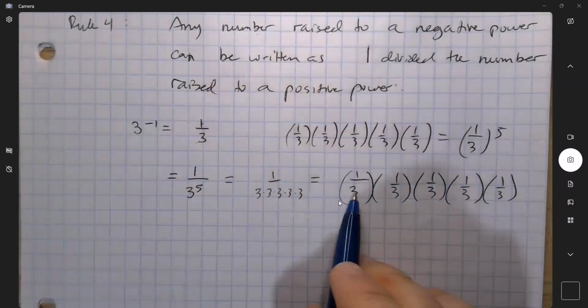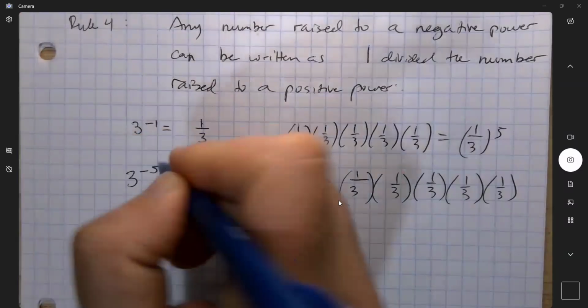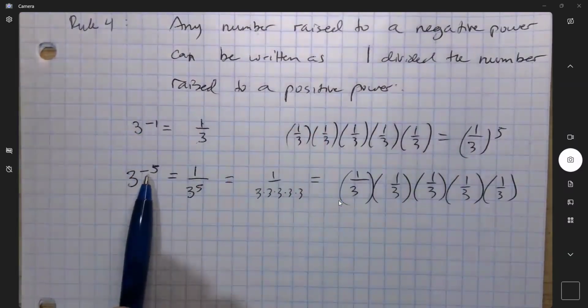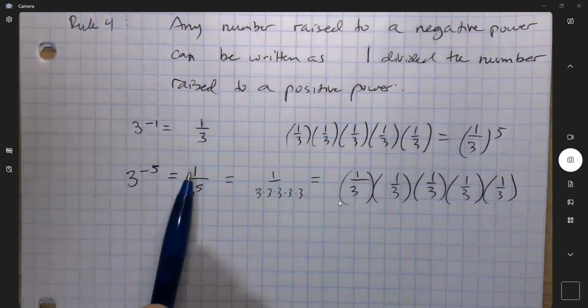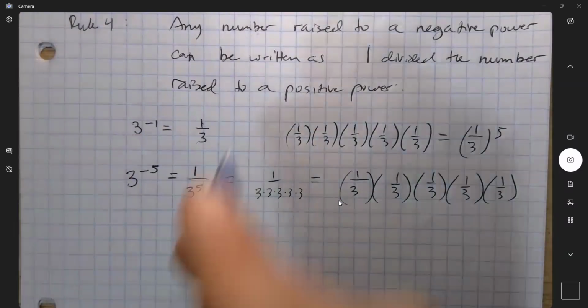And each of these is a 1/3, which is 3 to the -1. So this becomes 3 to the -5. Any number raised to a negative power can be written as 1 divided by that number raised to the positive power.